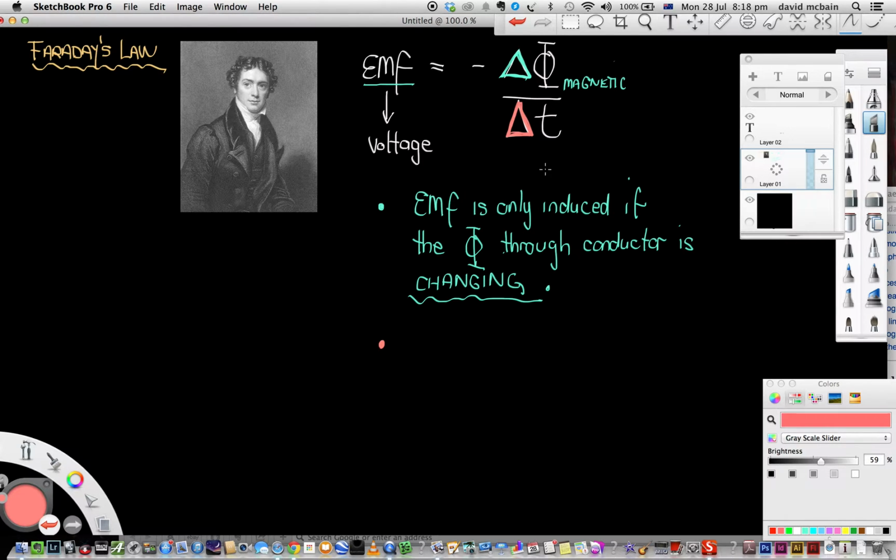If it takes a long time to cause the change in flux, then the voltage will be much less. So the size of the voltage, or the size of the EMF, depends on how quickly the flux is changing.